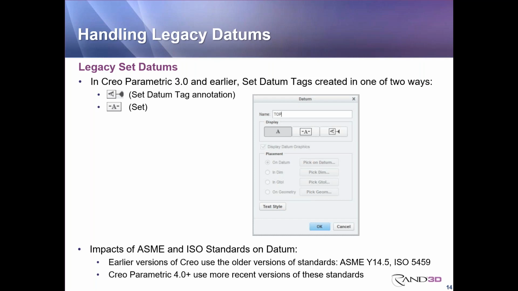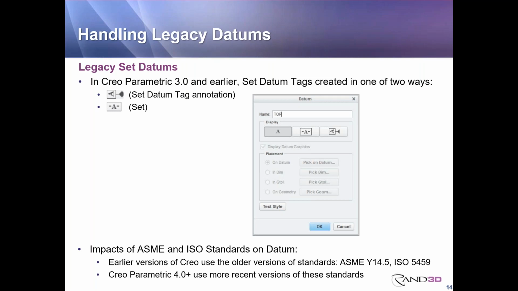You cannot reference legacy set datums from geometric tolerances. Geometric tolerances support only set datum tag annotations and semantic datum feature symbol annotations. Therefore, you need to reestablish the connections between the geometric tolerances that were previously referenced to set datums.